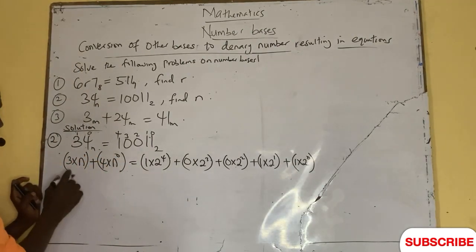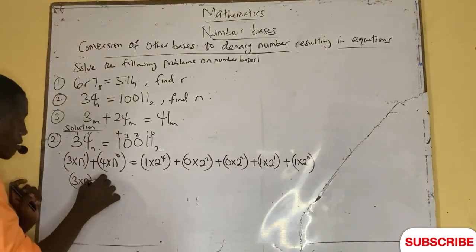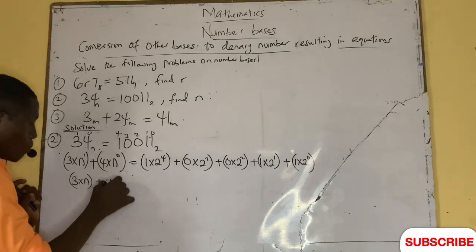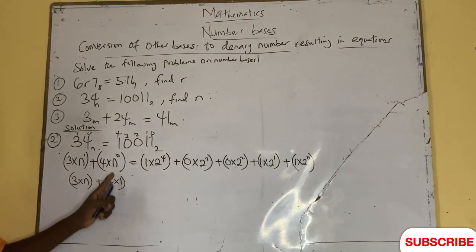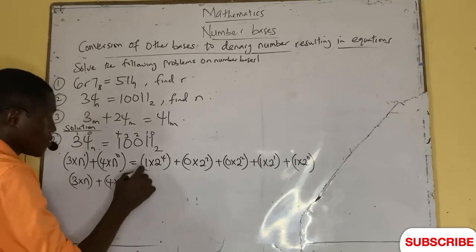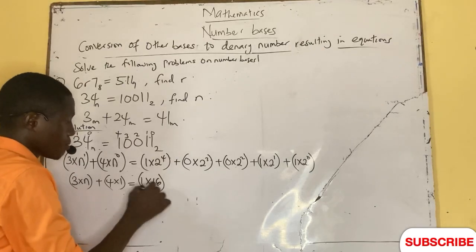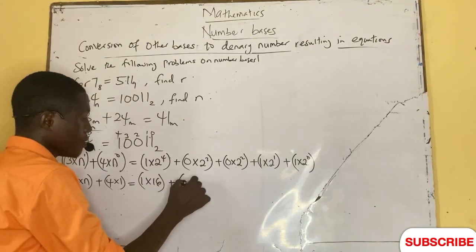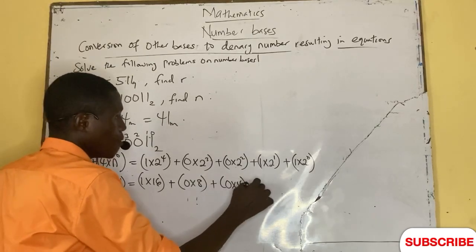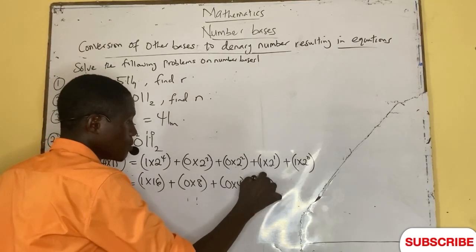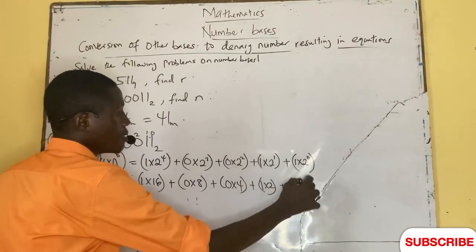So with this now we have 3 times n plus 4 times 1. 3 times n raised to power 1 is n. 4, n raised to power 0 is 1, so 4 times 1. Now 1 times 2 raised to power 4 is 16, plus 0 times 8 plus 0 times 4 plus 1 times 2 plus 1 times 1.